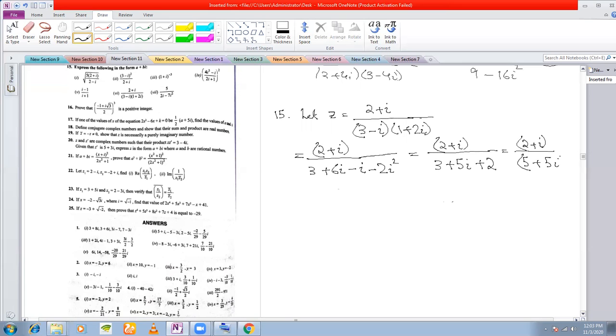Okay. Now what you can do is you can take 5 common in the denominator. You can write this as 1/5 of 2 plus i by 1 plus i. Now since we want to write this in the form a plus ib, I multiply the numerator and denominator by 1 minus i.